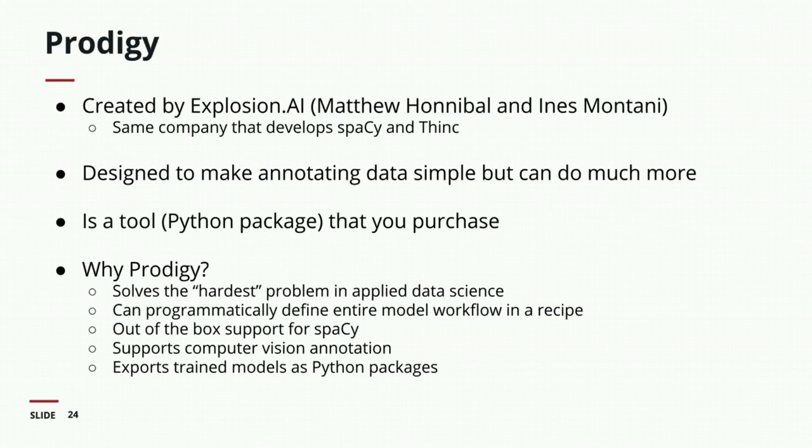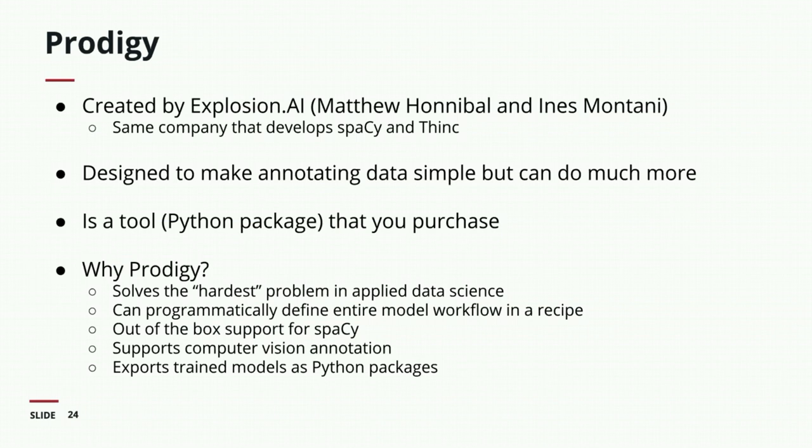Their original use case for Prodigy was to make annotating data pretty simple, but it can do a lot more. One of the biggest things that I think it helps us do is create structured code within the data science team versus a mess of a Jupyter notebook.